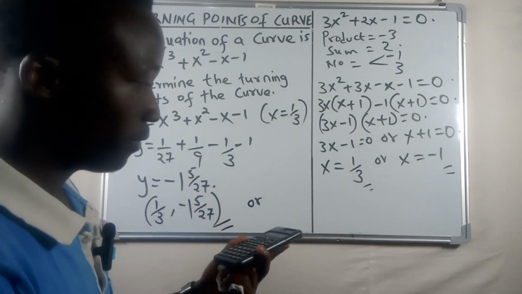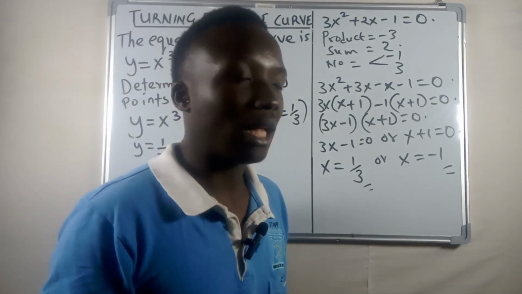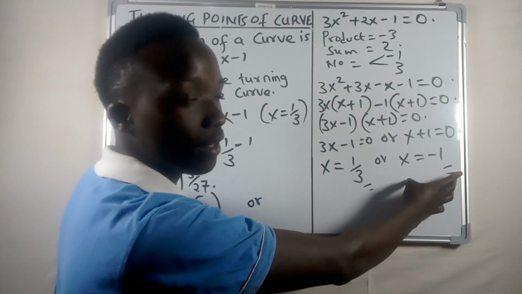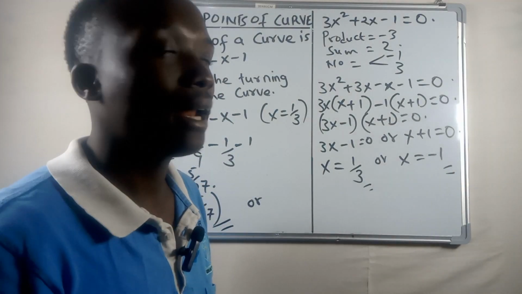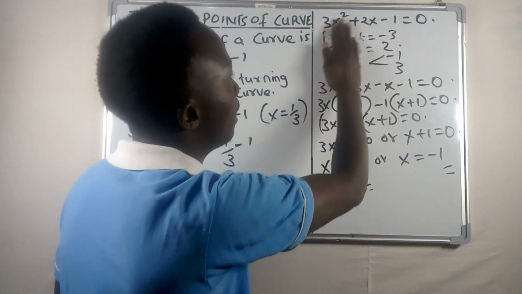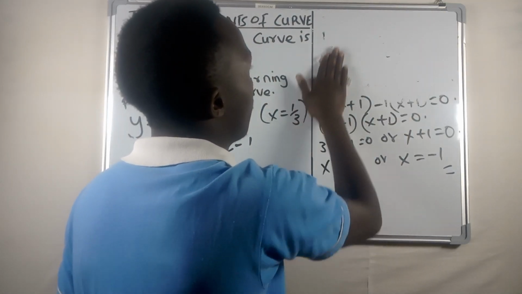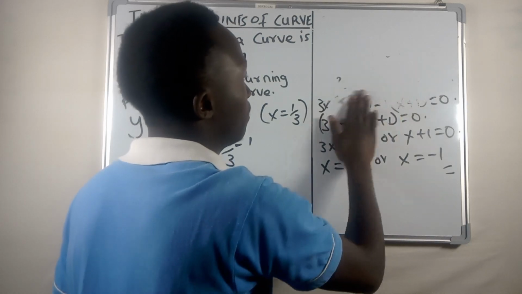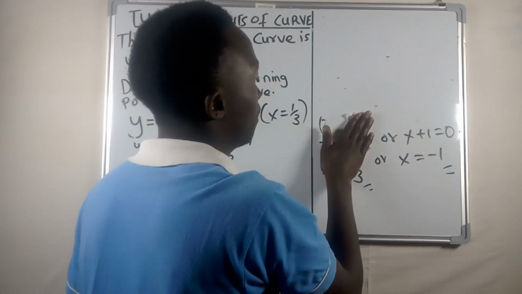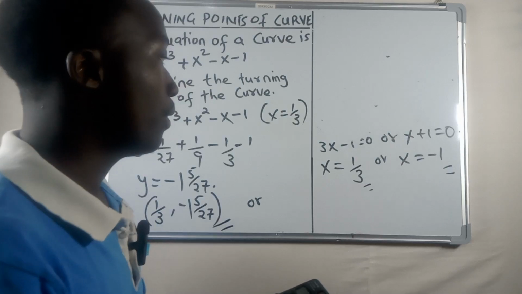There are two possible turning points. We are now going to find the value of y when x is negative 1.